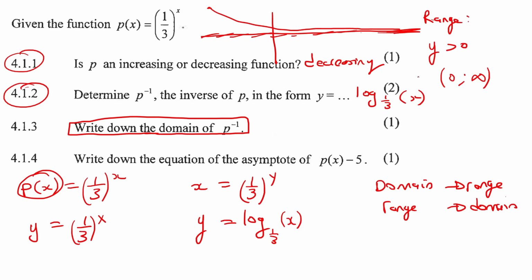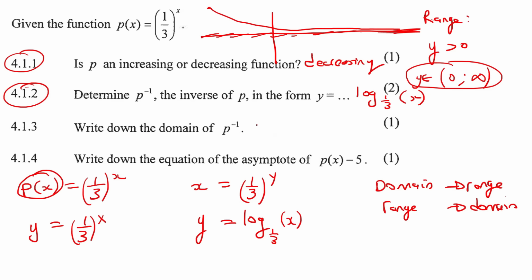Round bracket, because it doesn't touch the 0. So now this becomes the domain, but because it's domain, we change it to x, and we just do that. Or you could say x is bigger than 0. You see how the range of the one graph becomes the domain, because x's and y's switch when you do inverse. Okay. Just want to quickly come back to this question.